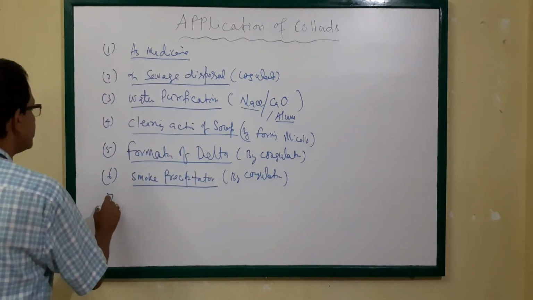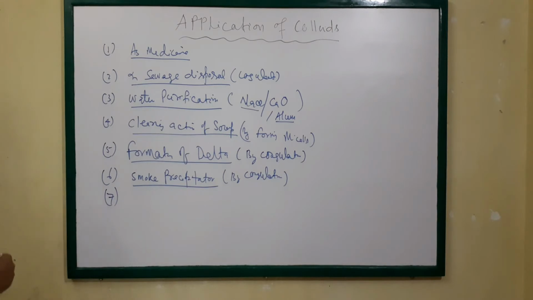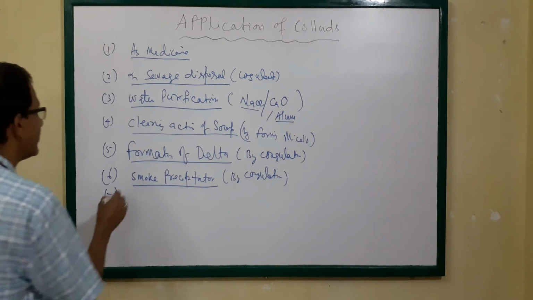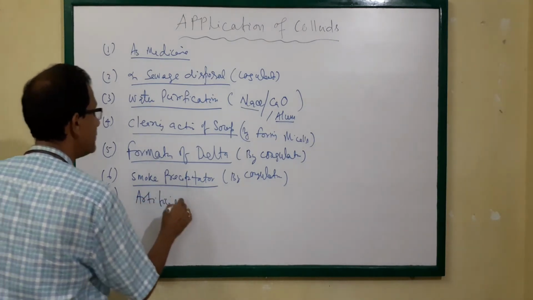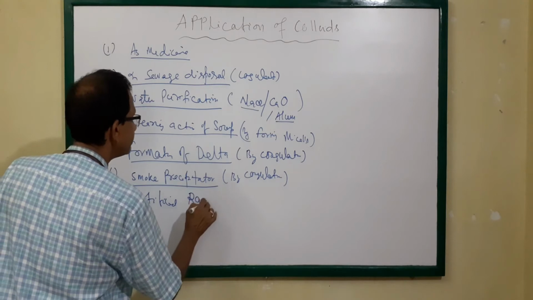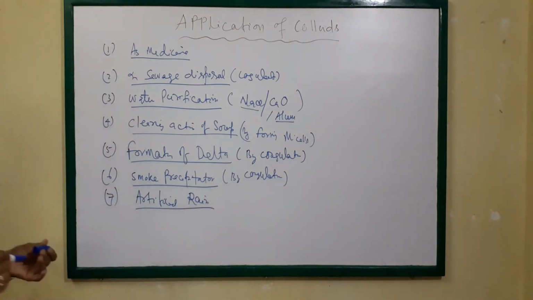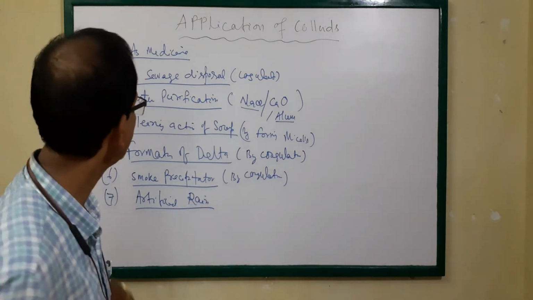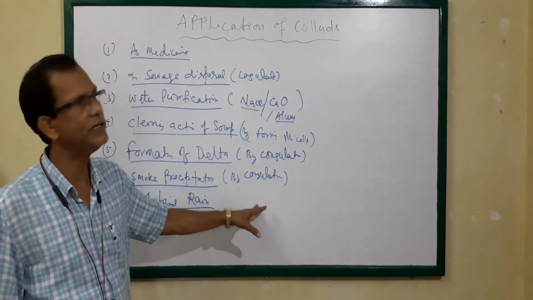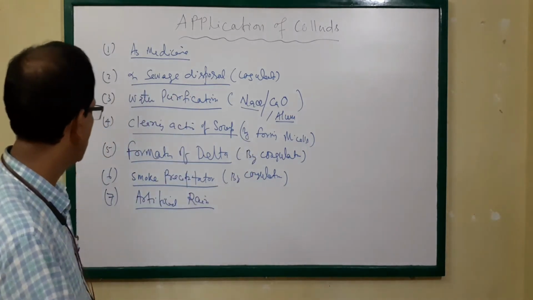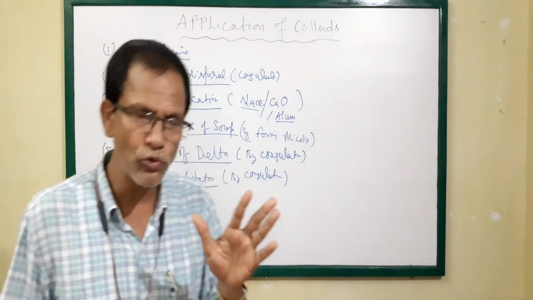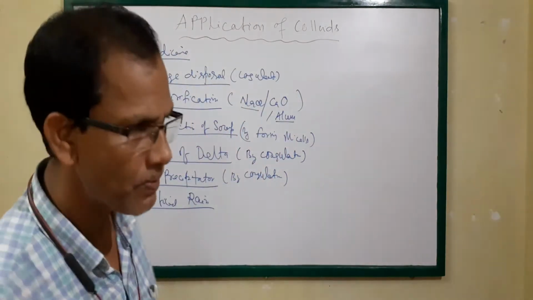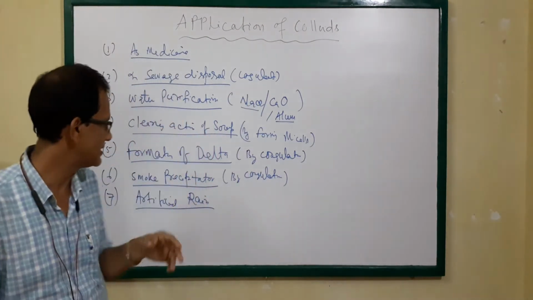Then a very important application is artificial rain. Artificial rain can also be done by this technique. All are mainly due to coagulation techniques. Artificial rain means the cloud carries charged particles, a particular charge.